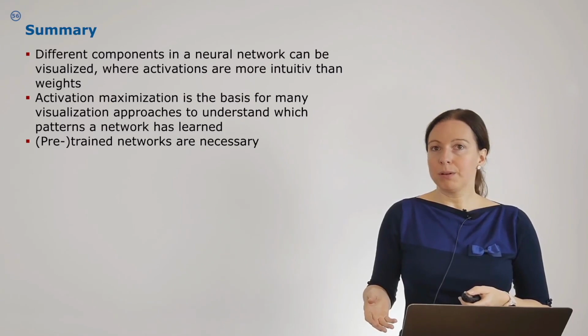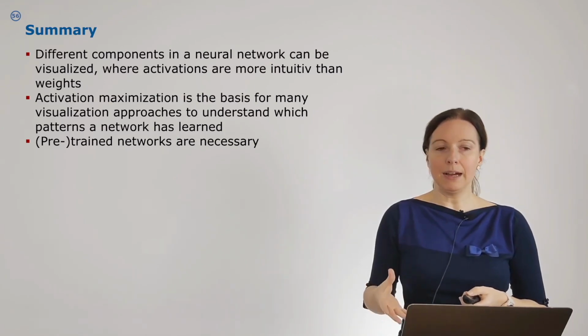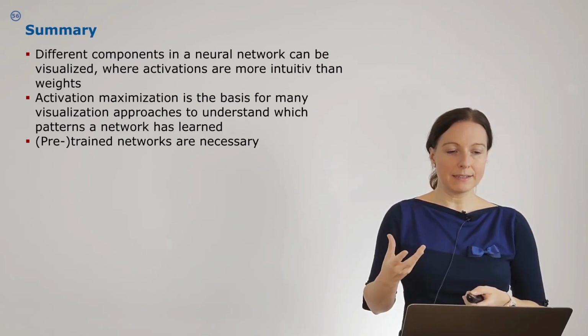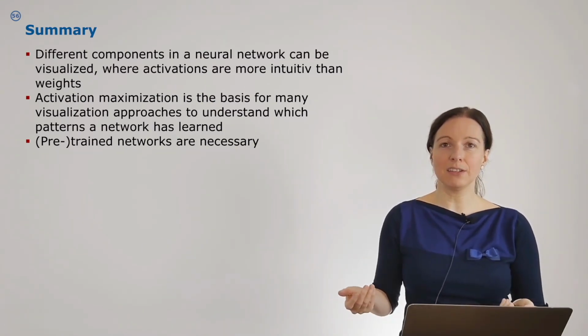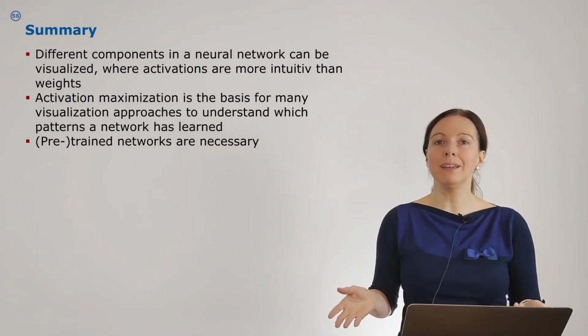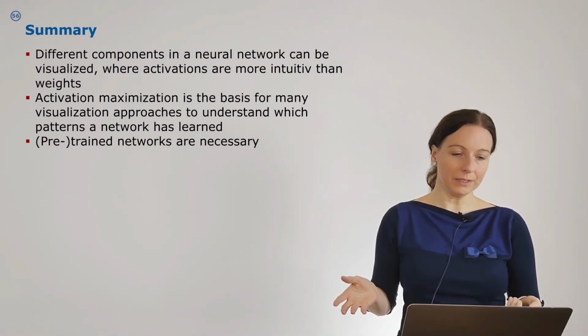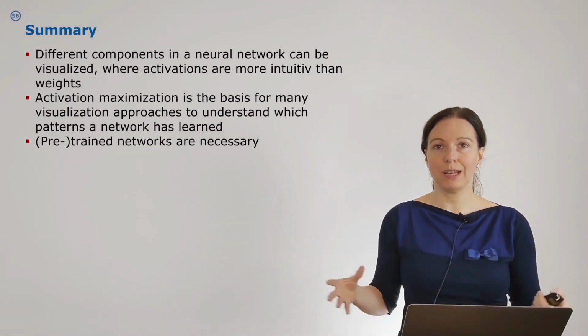they rely on the pre-trained network, and it's really hard to train a network on scientific data. I already mentioned it in the last lecture, because we do not have so much data that we can train a large network.